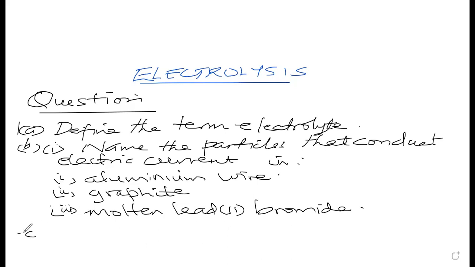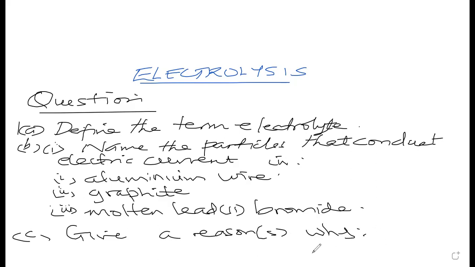Then part C says, give a reason or reasons why Roman 1, graphite conducts. This question requires you to borrow knowledge from carbon and its compounds and relate it with electrochemistry.